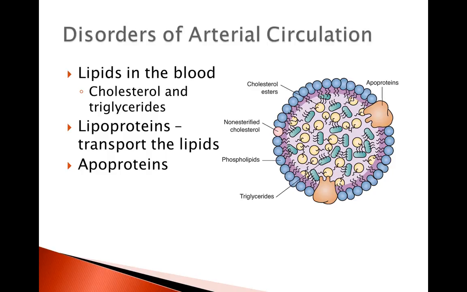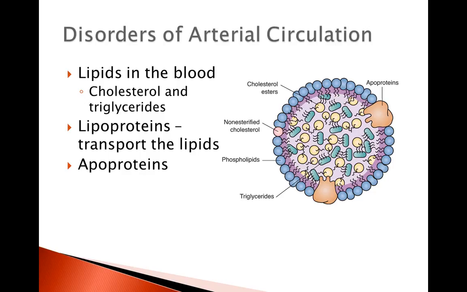Okay? So lipoproteins are made in either the liver or the small intestine, and we're going to be looking at several types of them. They're carrying the lipids produced. Lipoproteins consist of a complex of lipids and specific proteins, and those specific proteins are called apoproteins.